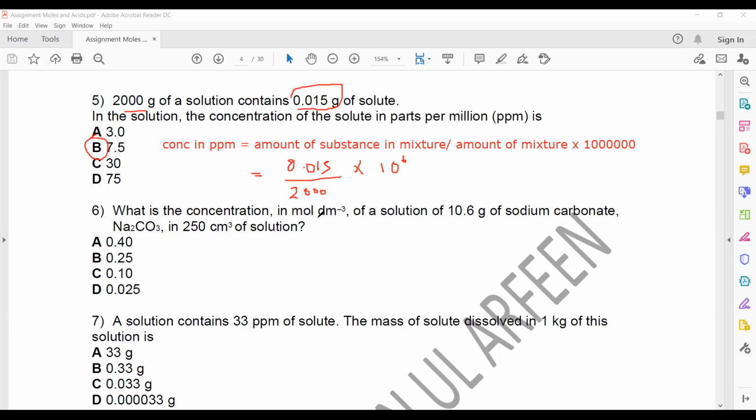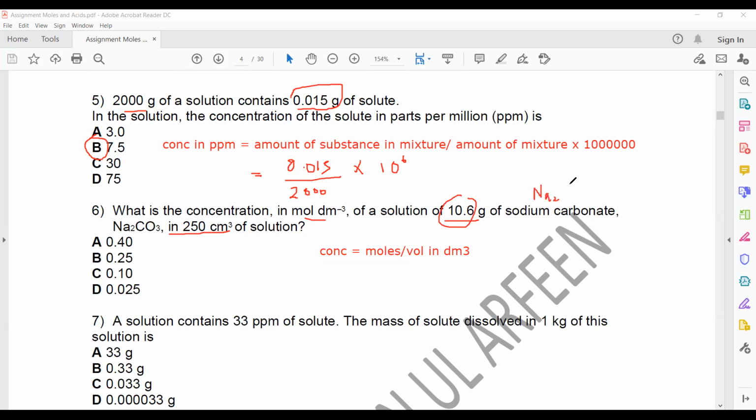What is the concentration in mole per dm cube if you have 10.6 gram of sodium carbonate in 200 cm cube of solution? So the formula: concentration is equal to moles divided by volume in dm cube. First we have to convert this 10.6 gram into moles. What is the formula for sodium carbonate?